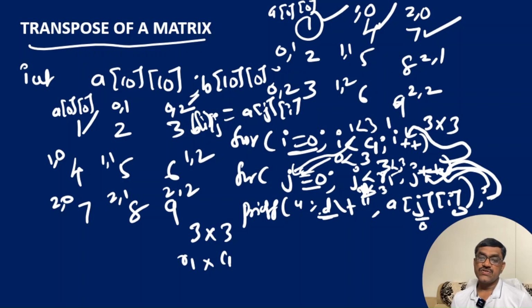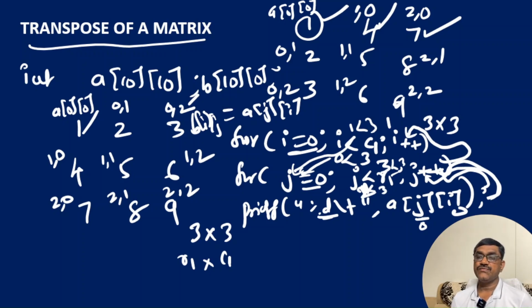So in the first method, we are just rearranging the elements of a and printing it as a of ji. In the second method, we are taking the temporary array b, storing a of ji in b, and finally printing the elements of b. So that is the logic, two logics, so that we can find out the transpose of a matrix.